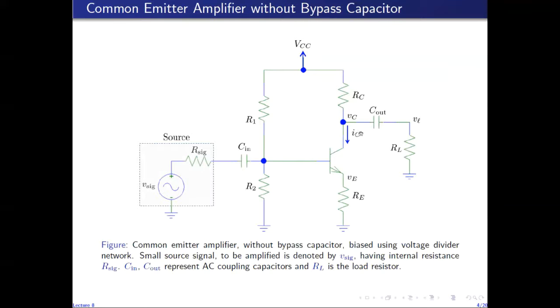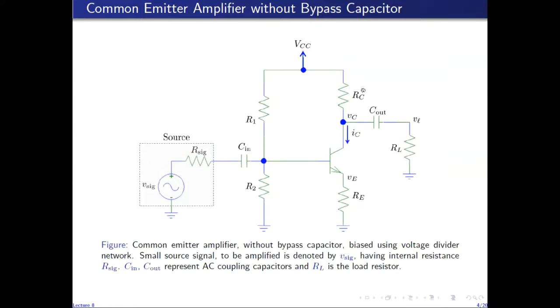Since VL is increasing in the negative direction, the AC component of total collector voltage is increasing in the negative direction, which when added to the DC voltage decreases the total voltage at the collector. So this voltage is decreasing as VL swings in the negative direction.